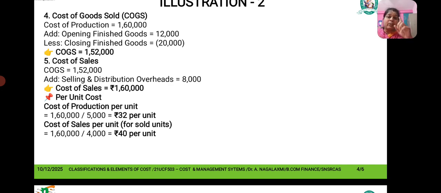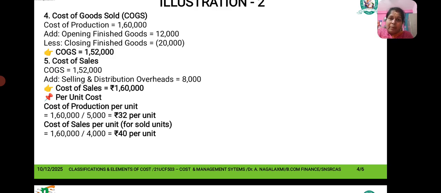Till this point we have to finalize and find out the per unit cost of production. Per unit cost is 1,60,000 divided by 5,000, the production they made, so we get 32 rupees as per unit cost for the cost of production. Now we are supposed to find out the cost of sales per unit.